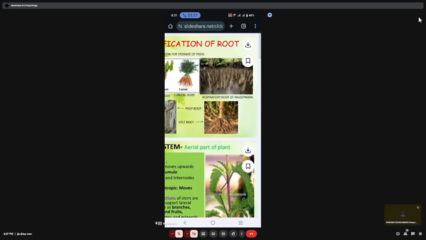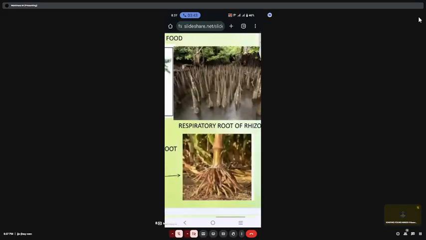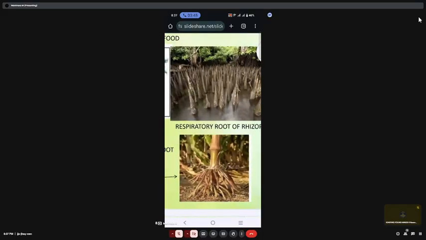In which place will this type of root grow? Yes, in which place can this root grow? In which area will this root grow, I'm asking. One second, ma'am. Yeah, okay.